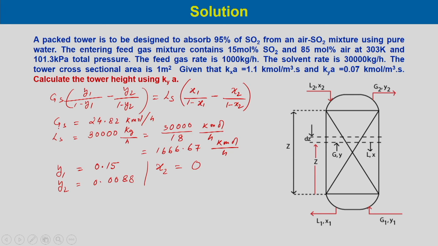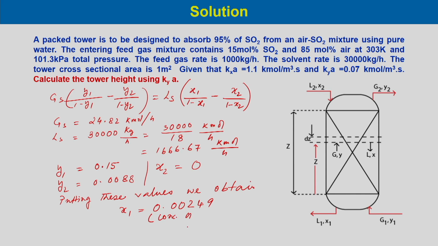Now, if we substitute all these values in the equation, x1 is equal to 0.00249. This is the concentration of sulfur dioxide in the exit stream of liquid.